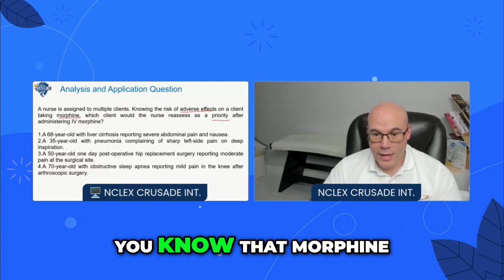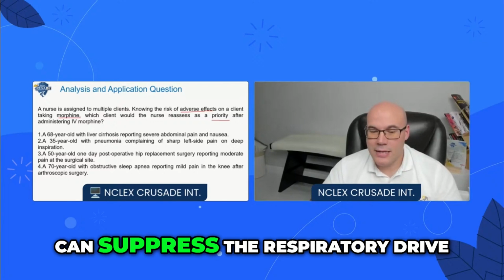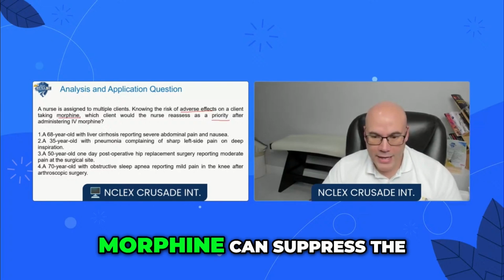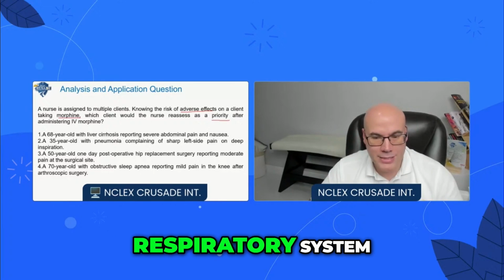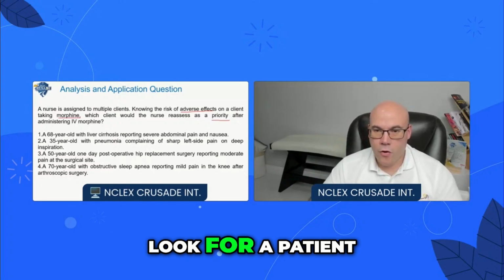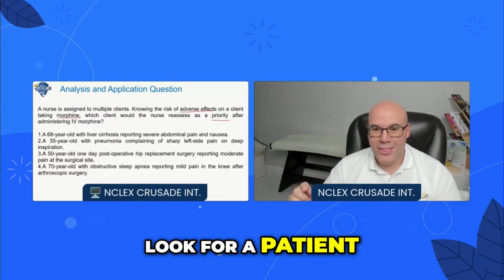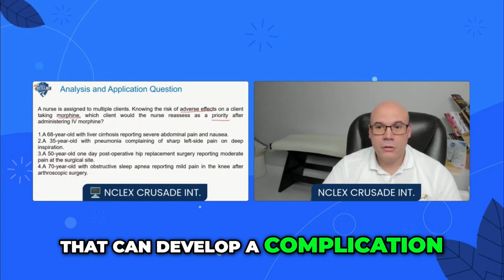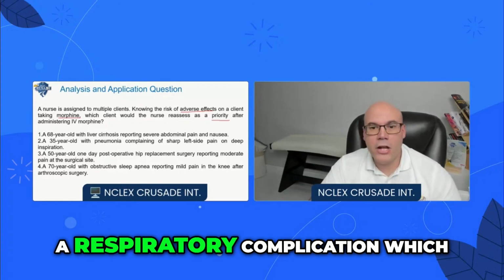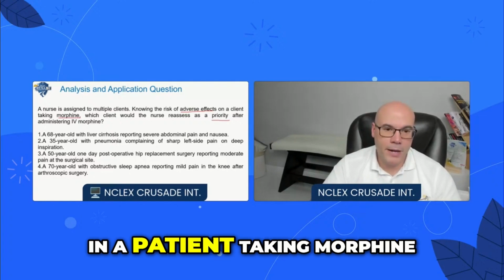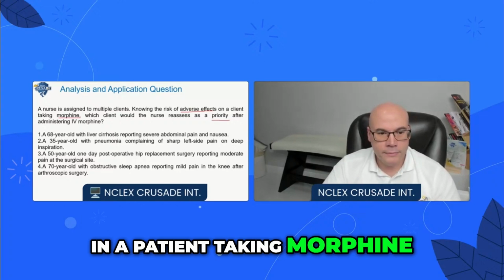Well, you know that morphine can suppress the respiratory drive. Morphine can suppress the respiratory system. So we need to look for a patient that can develop a complication, a respiratory complication, which is the main problem in a patient taking morphine.